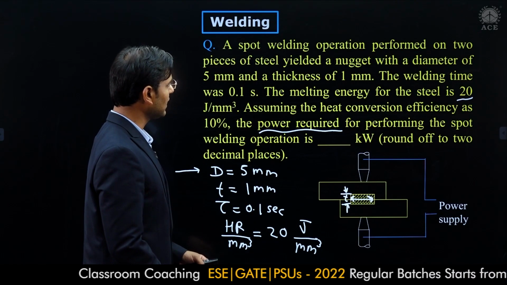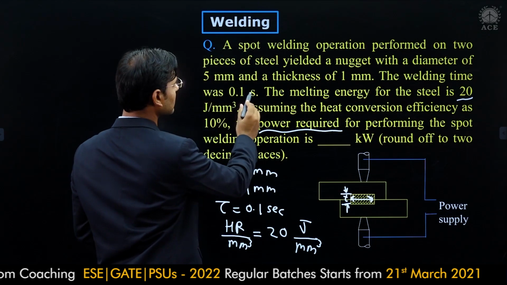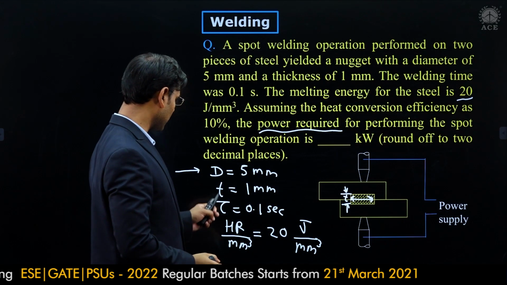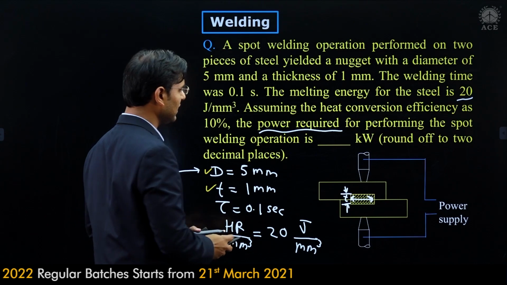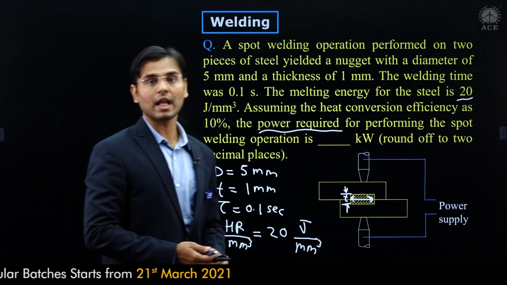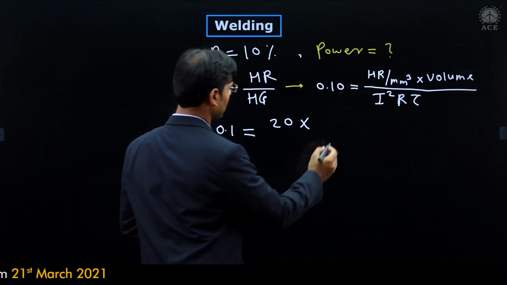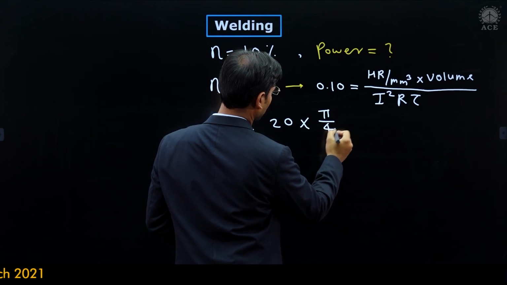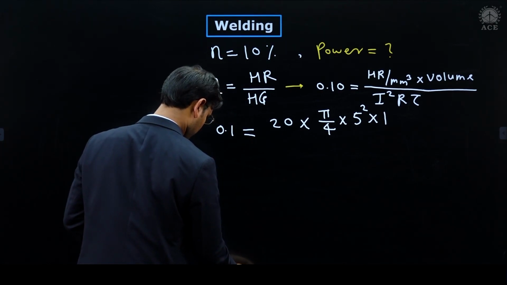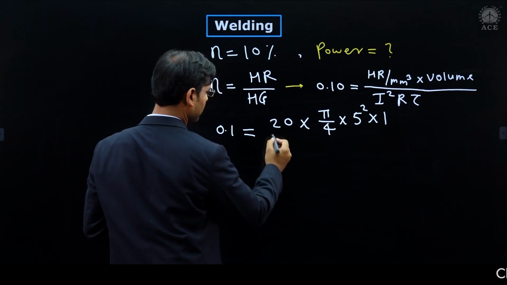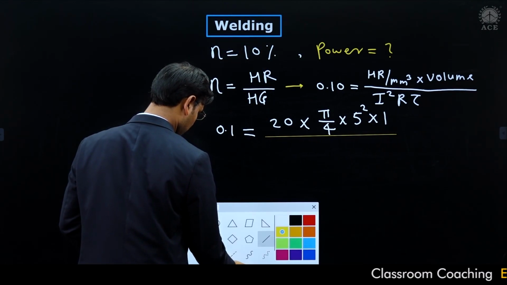The diameter and thickness of the nugget are given, which means this nugget is a dish type nugget, correct. Then I write its volume as pi by 4 d square into height, which is 1, divided by I square R tau.